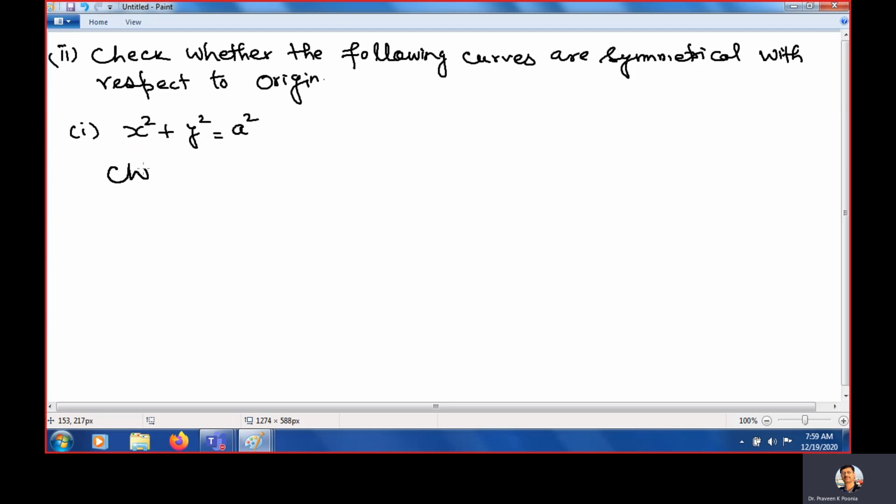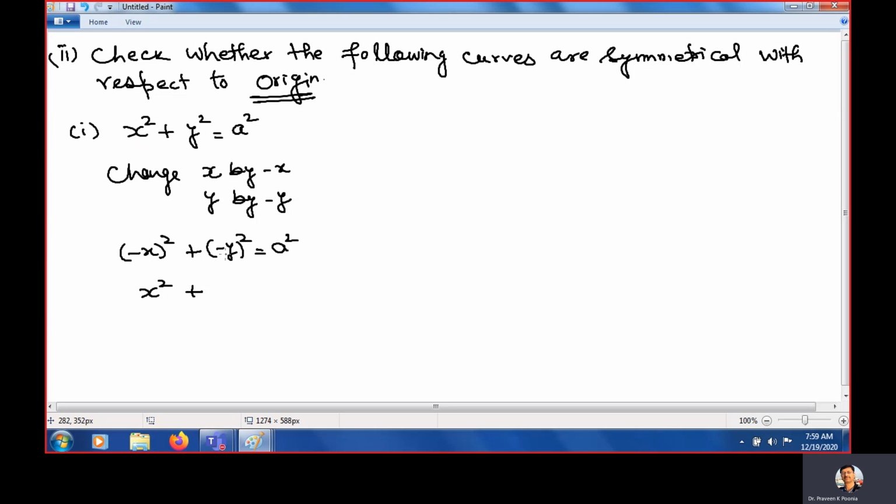Okay, so change x by minus x, y by minus y. Both we are changing because we are checking with respect to origin. So (minus x) power 2 plus (minus y) power 2 is equal to a power 2. (Minus x) power 2 is x power 2. (Minus y) power 2 is y power 2. And it is a power 2.